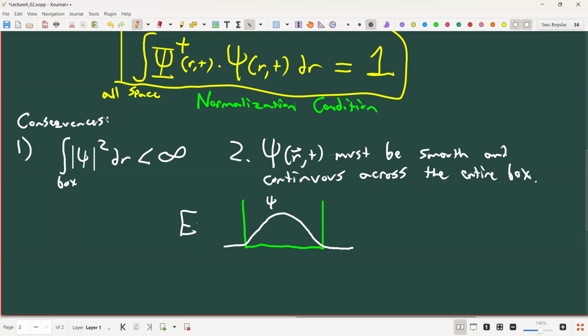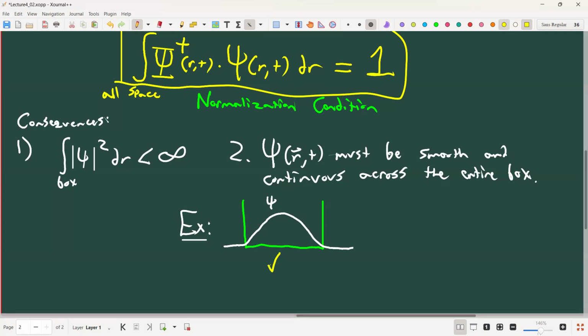So, examples. Well, this is good. This is okay. And why is it okay? Well, first of all, it's smooth. There's no jagged edges or anything. It's just a smoothly varying continuous function. And if we think about it, it looks like it integrates to a specific finite value inside the box. If I color under this, it's not an infinite area.